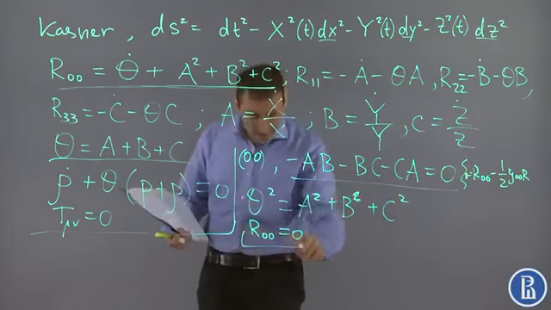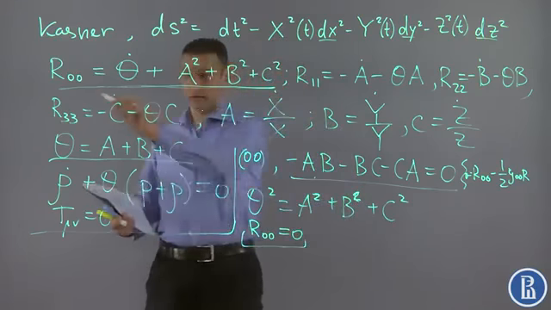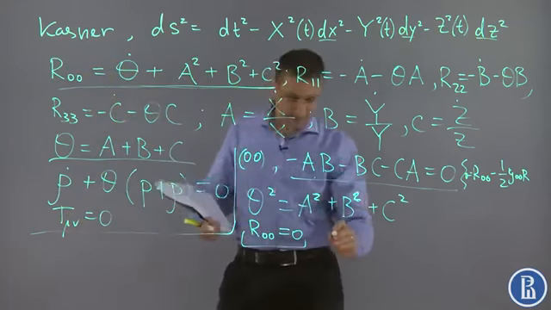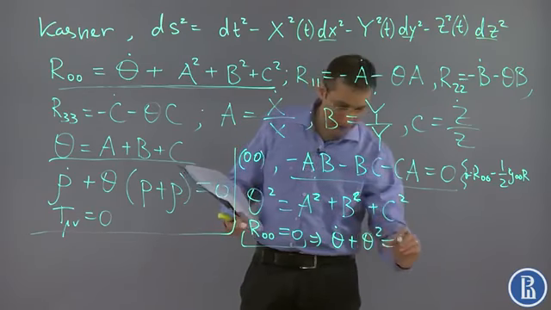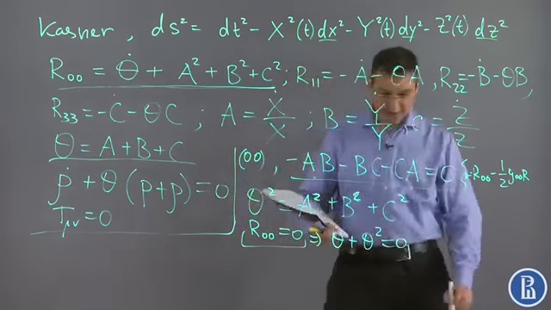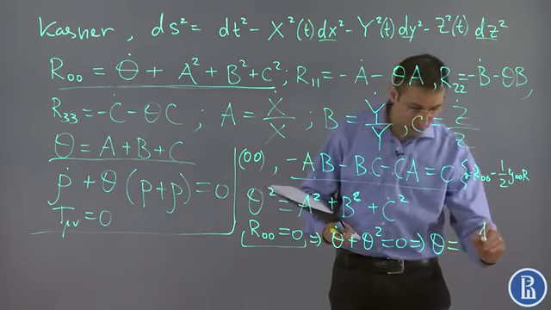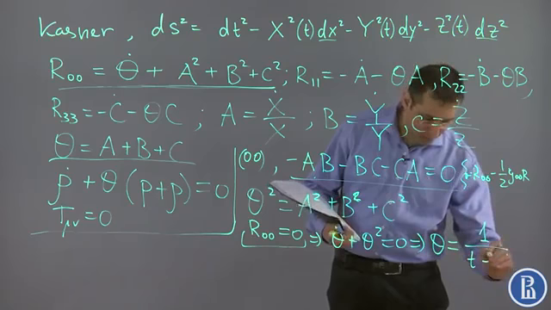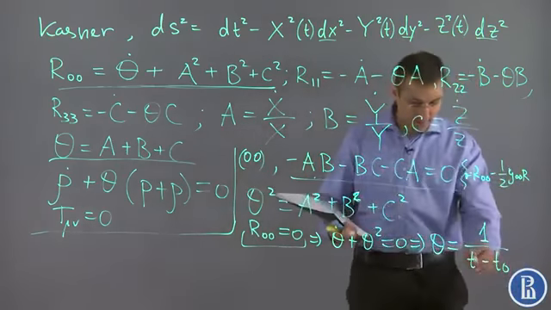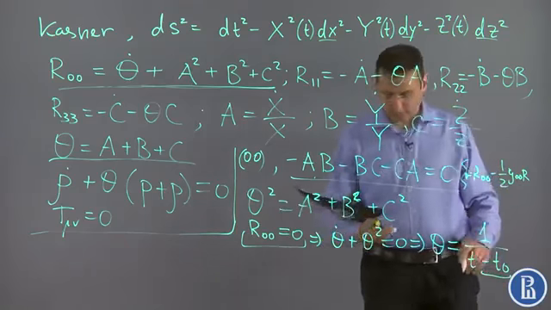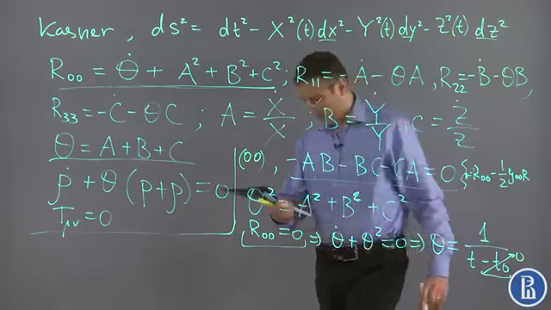But from R00 equal to 0, the vacuum Einstein equation, we obtain that theta dot plus theta squared equals 0. The solution of this equation obviously is theta equal to 1 over t minus t0, and adjusting time by a time shift, we can put t0 to 0.